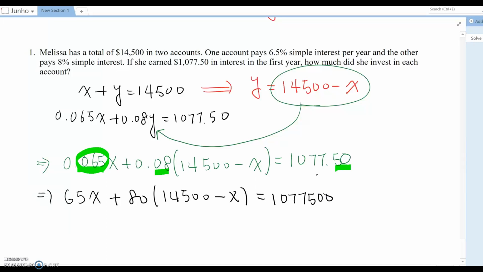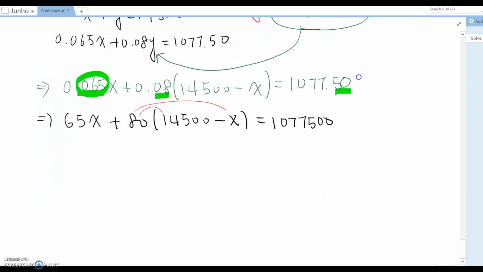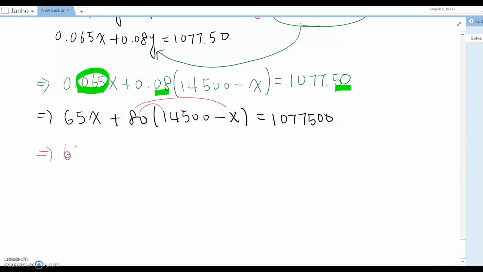Okay? So what could be the next step? Yes, we distribute. Then this becomes 65x plus 1,160,000 minus 80x equals 1,077,500. Okay? And then combine like terms.